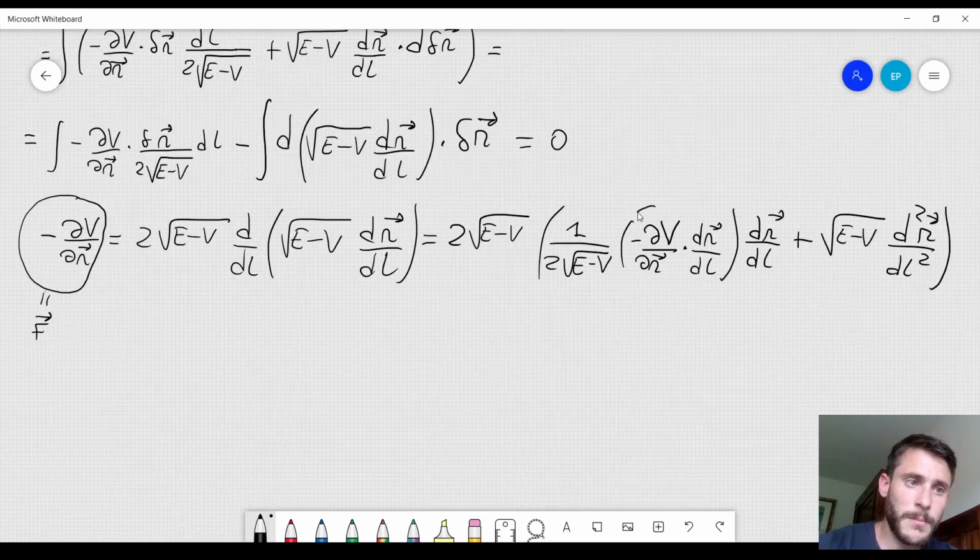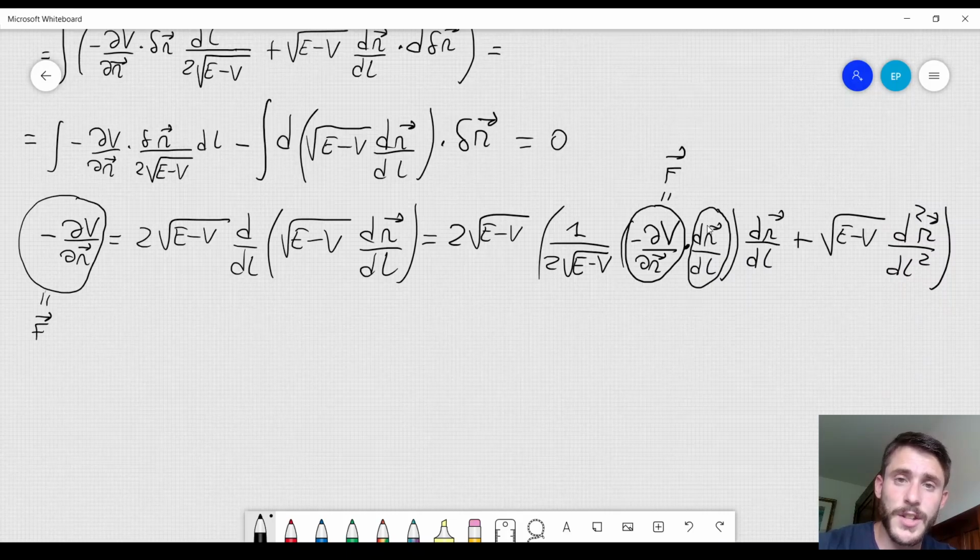And now minus the potential energy over dr here is just the force acting on the particle, and dr over dl is a vector that's tangential to the path of the particle. dr has the same magnitude as dl, so this is a unit vector and it is directed along the tangent of the curve. So I can just call it tau hat, which is a unit vector tangential to the curve, and this is also tau hat.